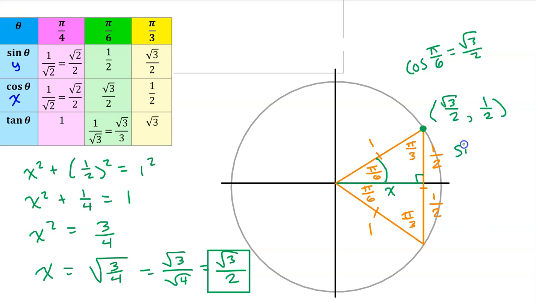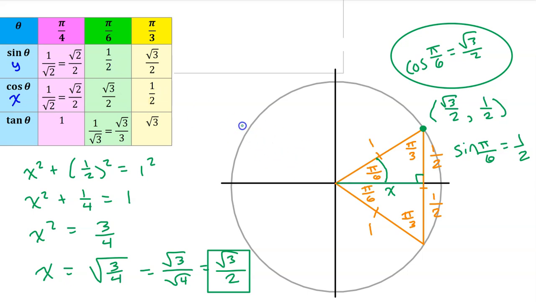So the sine of pi over 6 is 1/2. When you look on the chart and you see cosine of pi over 6 is radical 3 over 2, that's where it came from. The sine of pi over 6 is 1/2. That's where this value on the chart comes from.